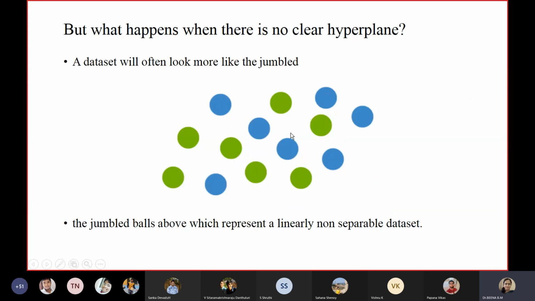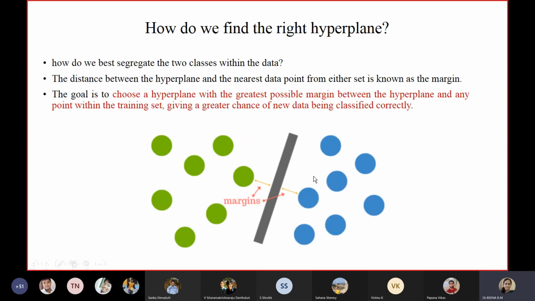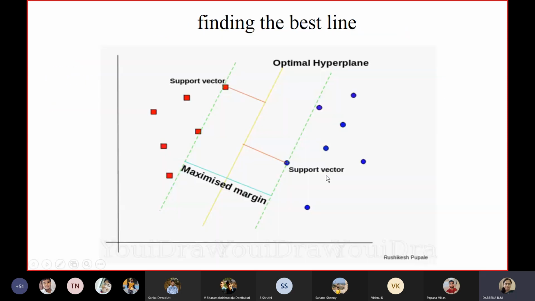But what happens when the data points are completely jumbled? Here all the balls are jumbled. How will the algorithm draw a plane or a hyperplane? It is difficult, right? Here you can see this is data which is linearly separable. Here also the data is linearly separable, and the hyperplane can be visualized in 2D.